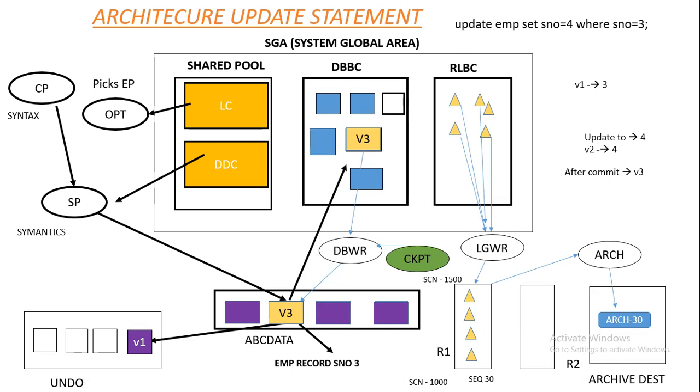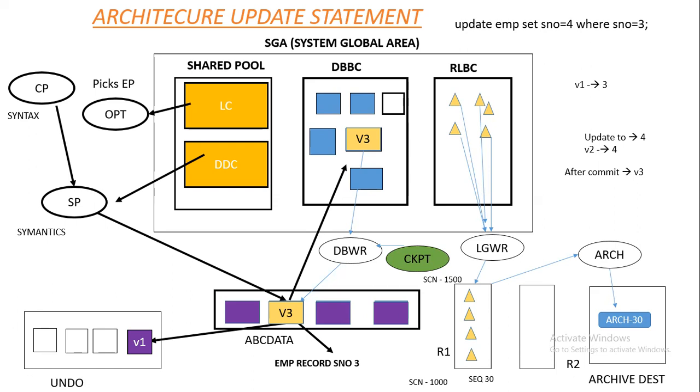So that particular SCN value, we can call it the checkpoint value. The checkpoint background process will take that 1500 value as the checkpoint value and update it into the control file. You also need to update the checkpoint value to all the data files, in each data file header.